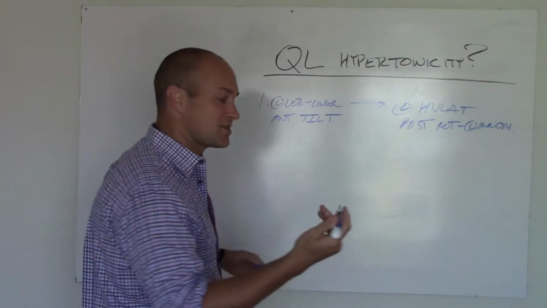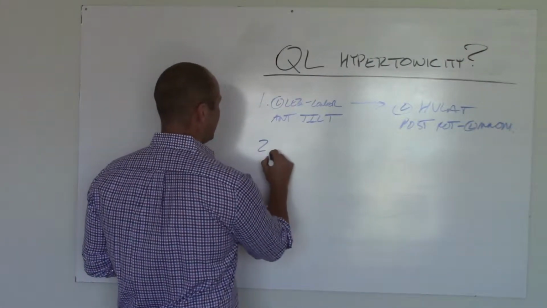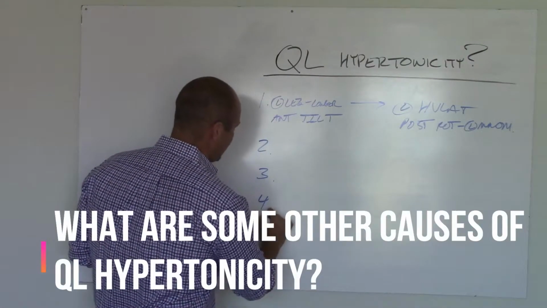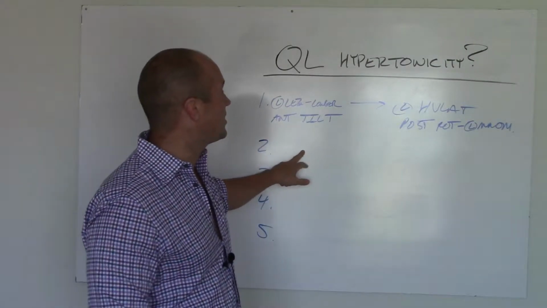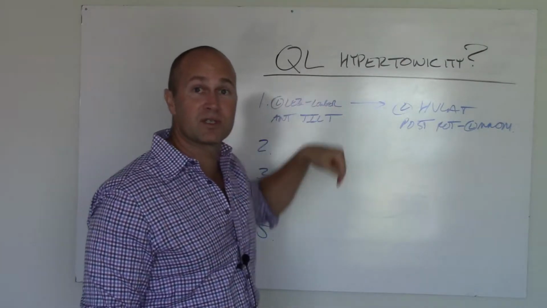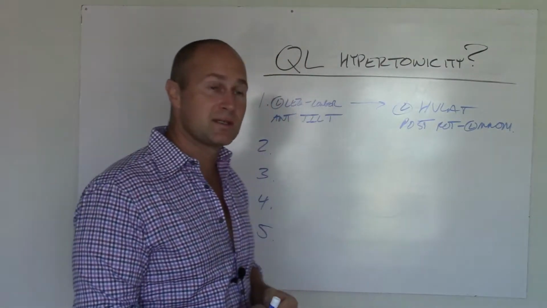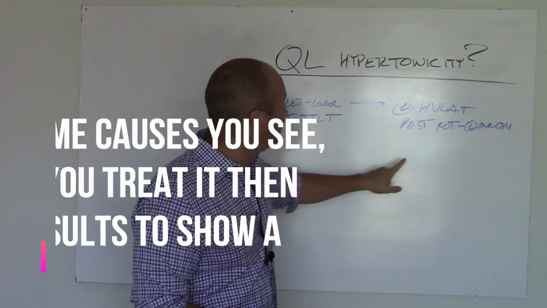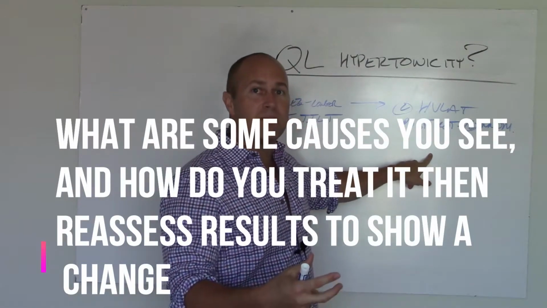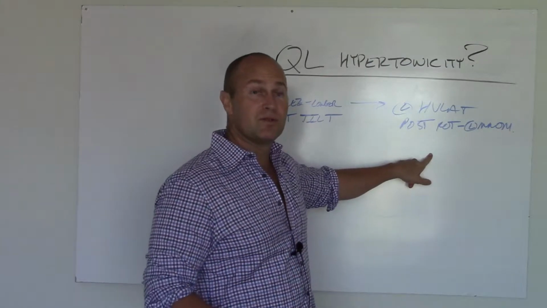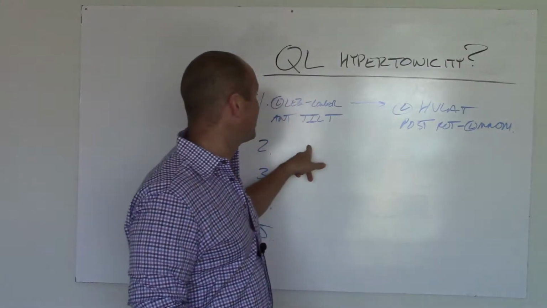Now what I want to start is, let's get a good discussion with everyone and let's create a list. What are some other theories or causes that you see for QL hypertonicity in your patients? If so, what treatment technique or intervention do you do to decrease the tone, and what's your reasoning for that?